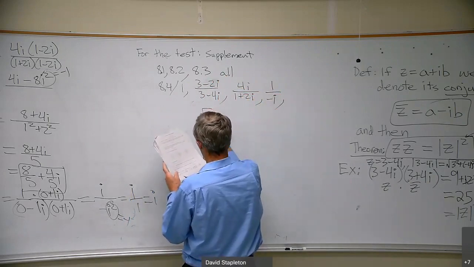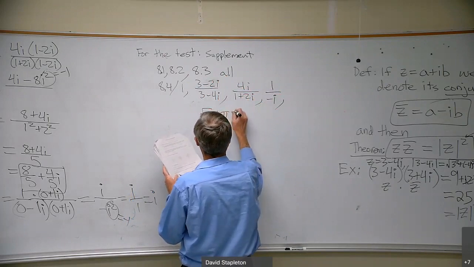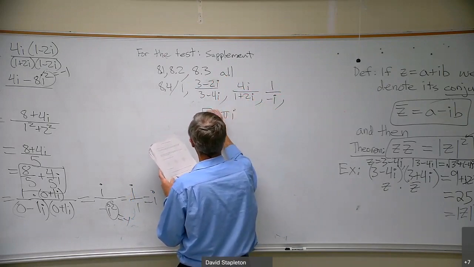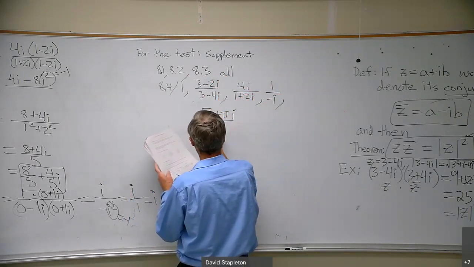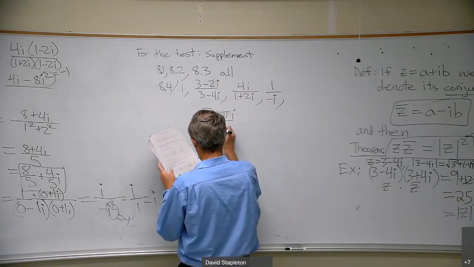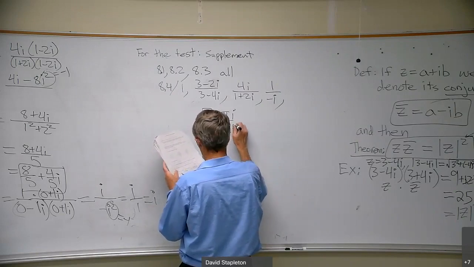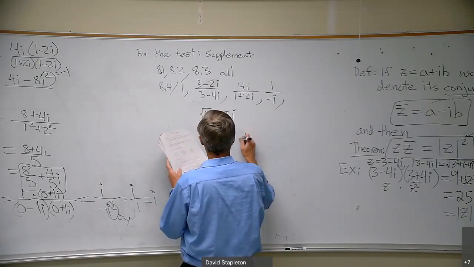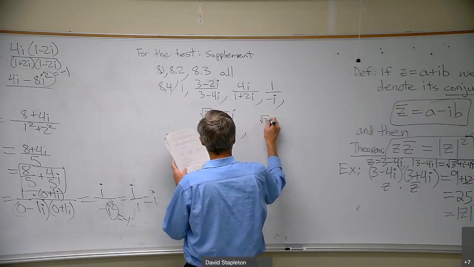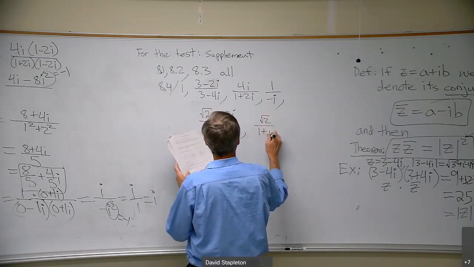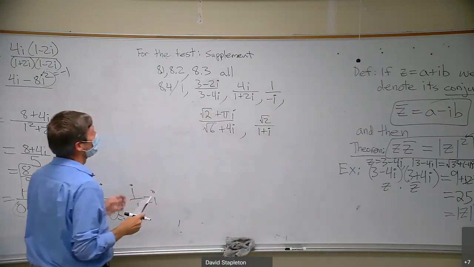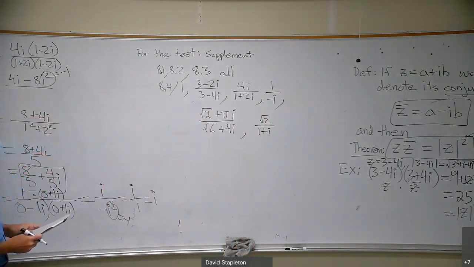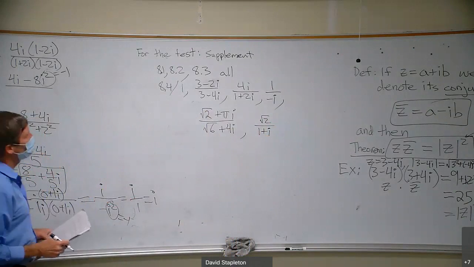Square root of 2 plus pi i. This is a 2, not a z in here. Over square root of 6 plus 4i. Square root of 2 over 1 plus i. Try those divisions, and that'll be the end of the test.